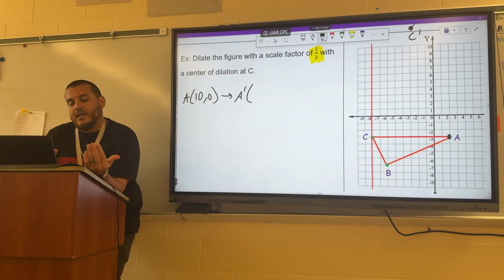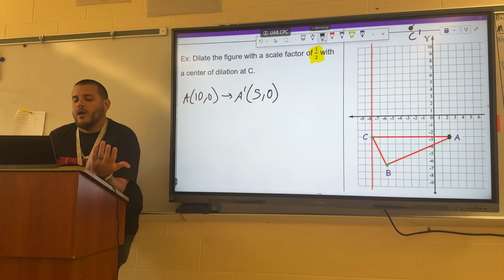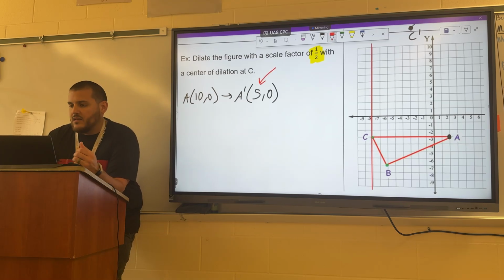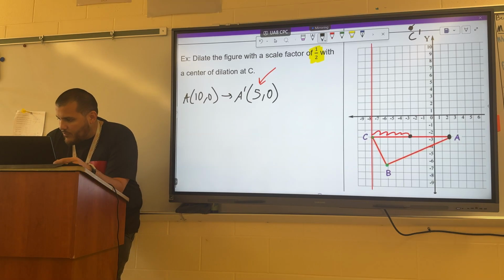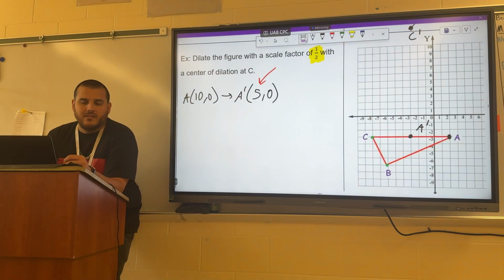So 10 times 1/2, that's 10 times 1 divided by 2, gets me to 5. And then 0 times 1/2 is just going to be 0. So my image for A prime will be 5 units to the right of that center of dilation. So from point C, 1, 2, 3, 4, 5, that would give us A prime right there, half the distance closer back to point C.